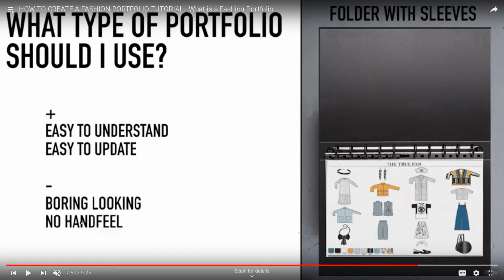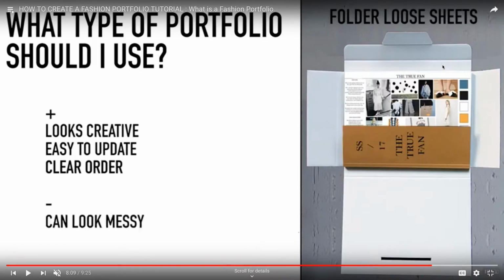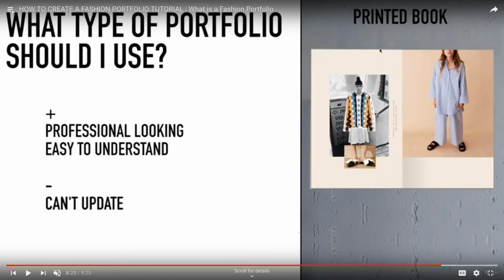She calls it hand feel, which I've never really heard before, but it's a good word. And then she also talks about this kind of loose leaf folder, which has the same ideas as the box, really. It's easy to update, but it can look messy. There's also the option of getting a printed book.